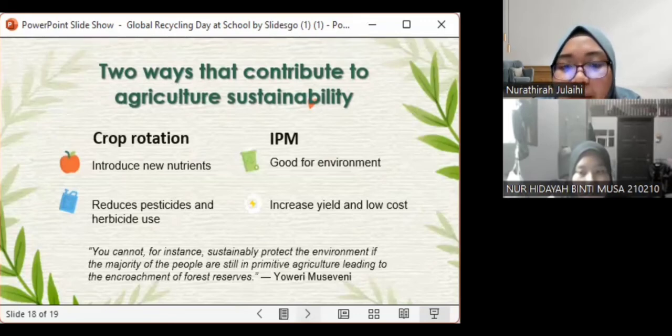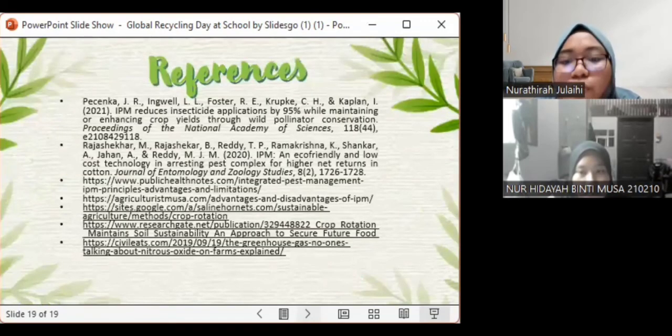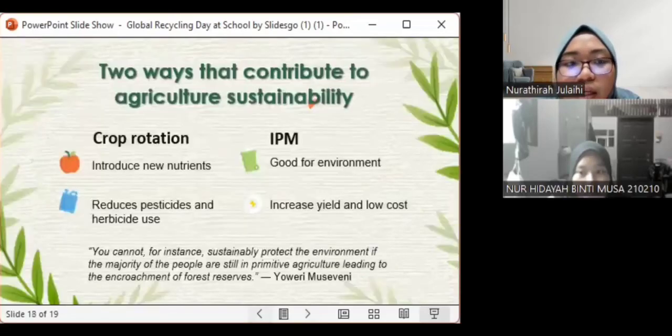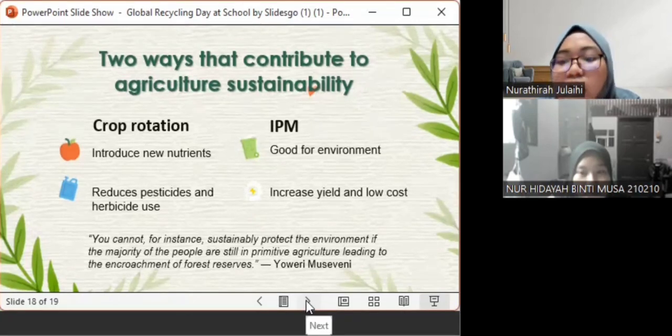Next, IPM also helps to maintain sustainable agriculture since it's good for the environment and increases yield at low cost. The quote from Yoweri Museveni: you cannot, for instance, sustainably protect the environment if the majority of people are still in primitive agriculture, leading to the encroachment of forest reserve. Next.